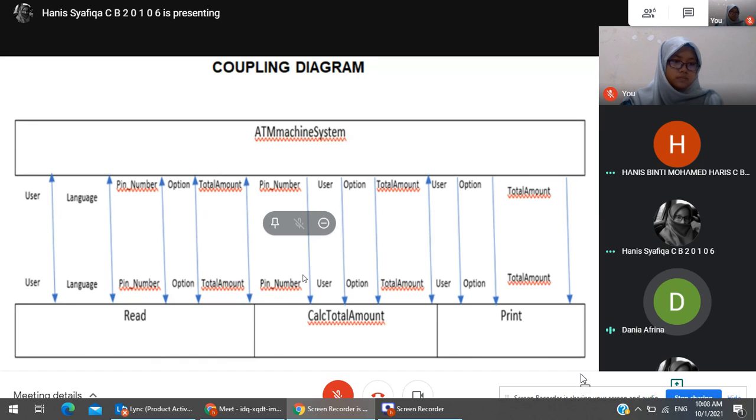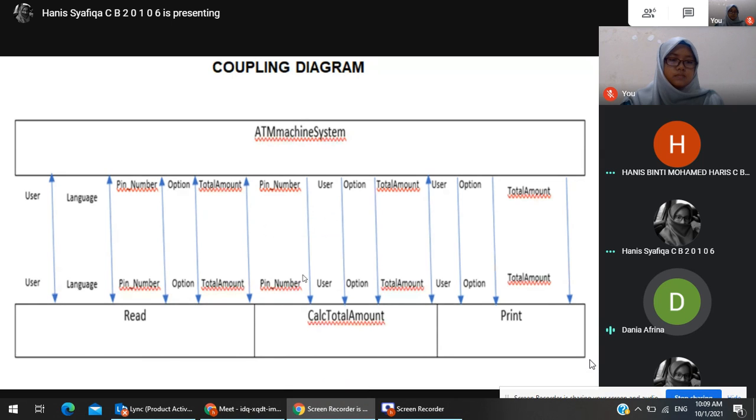And for the back-and-forth or two-way arrow, it needs the user to enter the data, and from the process it will go to another process, and they need to edit the output.